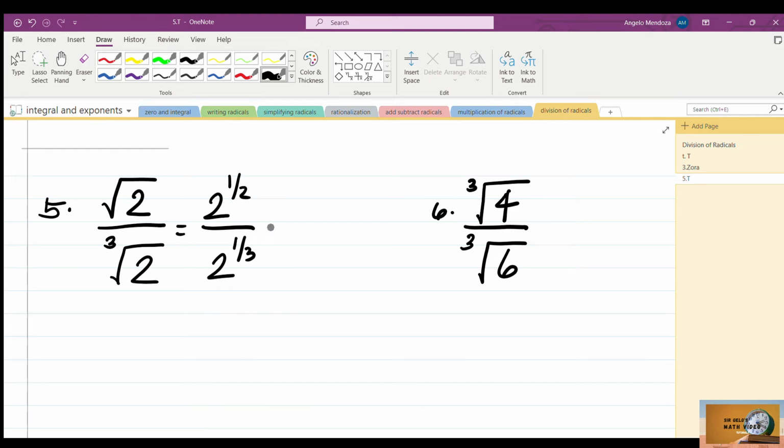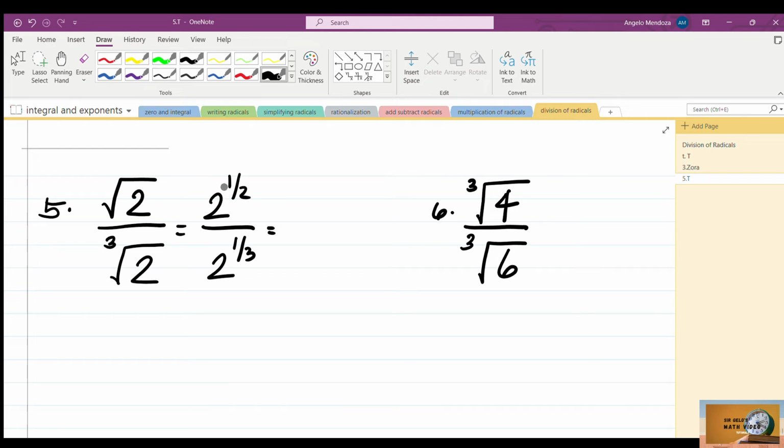and then the same process we did in multiplication of radicals. We have to make these fractional exponents similar fractions.